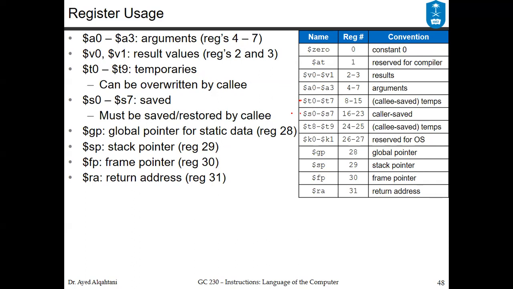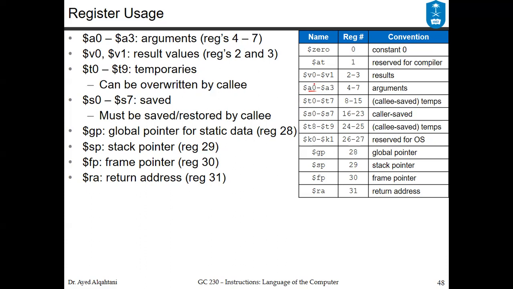Now, since we have a procedure calling, there will be a method or a class or a function where you call it, you go and execute the instructions inside the procedure, and then you return back to the caller. And because of this, you need argument registers. You have 4: A0, A1, A2, and A3.